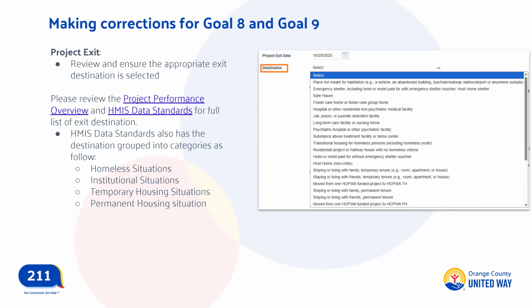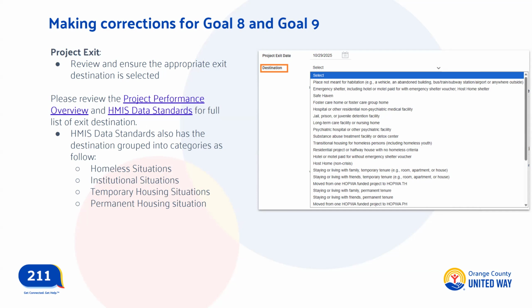And sometimes, of course, the destination is accurate, but it just falls under unsuccessful. And sometimes that does happen, but it's just to understand and work on supporting the client, to find support into exiting through to a successful exit.